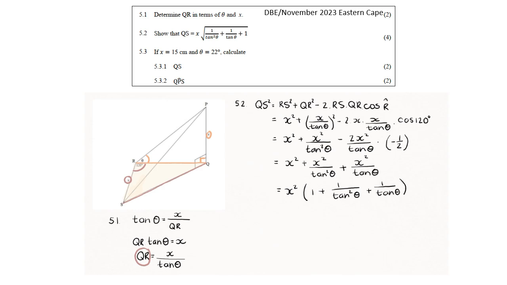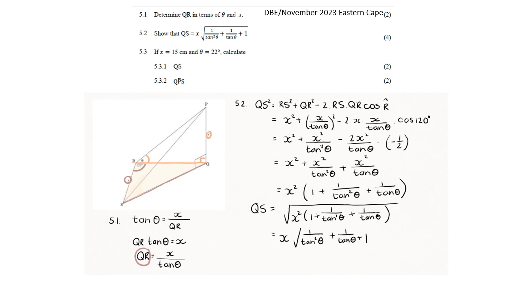And if we want to determine QS, we take the square root on both sides. So this becomes the square root of x squared times 1 plus 1 over tan squared theta plus 1 over tan theta. And we can take x squared out of the square root, since the square root of x squared is x, and then we get what we wanted to show.